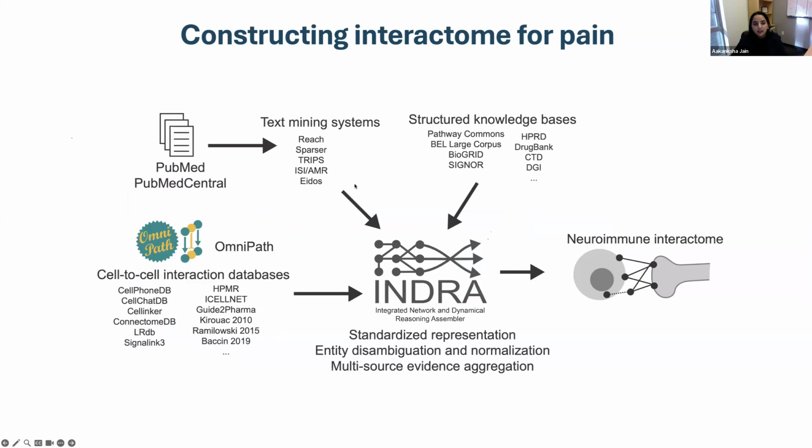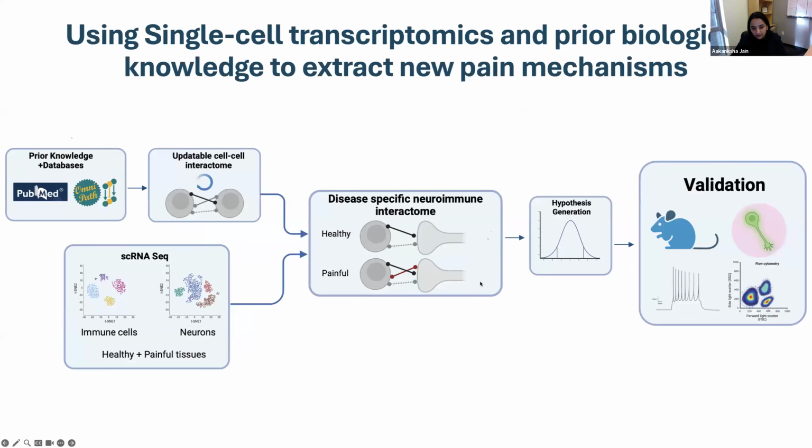So for that, we used text mining systems to search through the literature. These are PubMed abstracts, to identify specific language that says something like entity A binds to entity B. And on top of that, we also used structured databases that define what is an ion channel or what is a metabolite, etc. This was put through an assembling software, Indra.